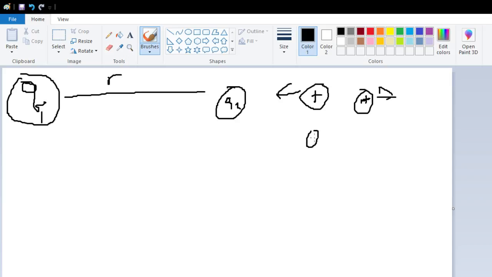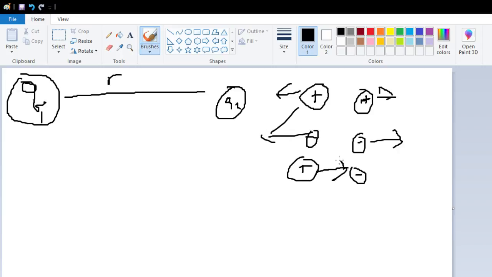You have minus and minus, that's also going to go that way and that way. And then you have a plus and a minus, so this is just going to go towards each other, like that.